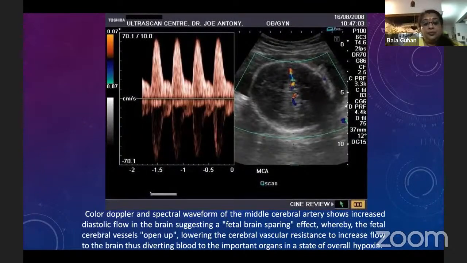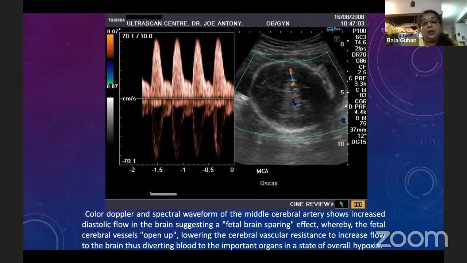This is the waveform of the middle cerebral artery with increased diastolic flow in the brain, showing the fetal brain sparing effect, whereby the fetal cerebral vessels open up, and thereby there is decreased cerebral vascular resistance to allow increased blood flow to the brain, thus diverting the blood to the important organs in the state of hypoxia.